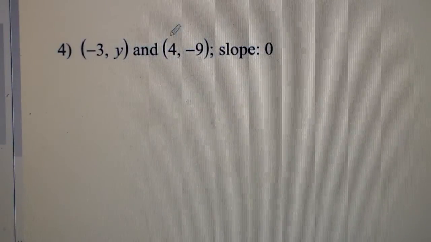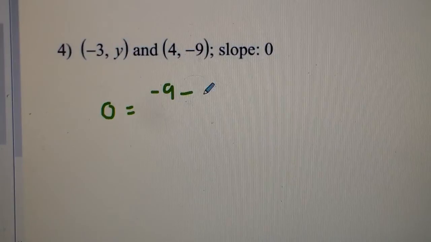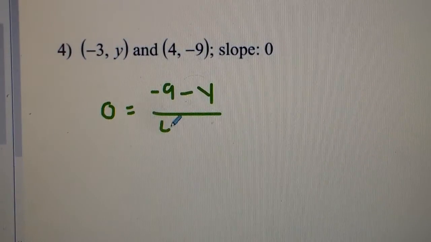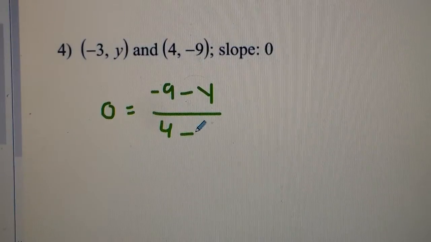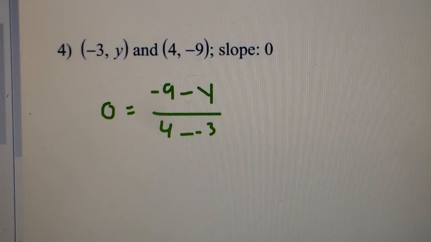Well, let's try number 4 here. So slope is 0. It's been a while since we did one with the 0, so 0 equals y2, negative 9, minus a y1, over x2, 4, minus x1, negative 3. 4 minus a negative 3, that's really 7, because that's 4 plus 3.